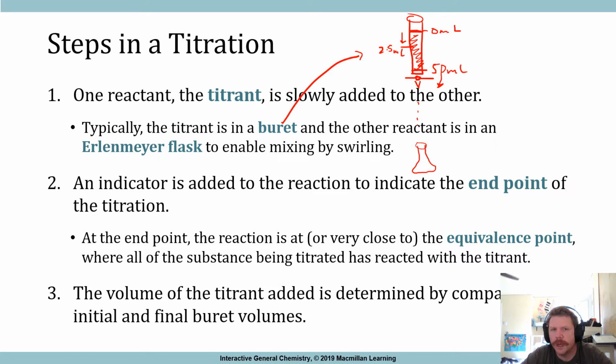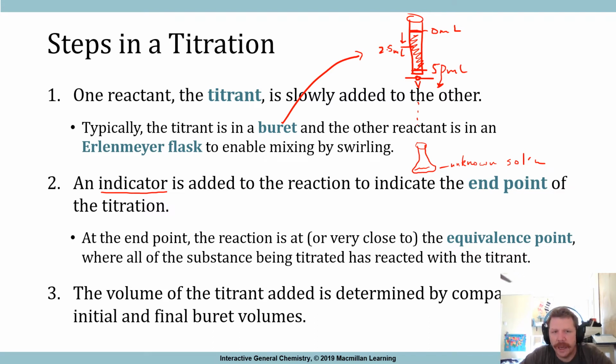Okay, so below that burette, you're going to have a piece of glassware. Generally, you'll use an Erlenmeyer flask that has your unknown solution. What you would do to this unknown solution is add an indicator solution. An indicator is added to the reaction to indicate the end point of that titration. Generally, we'll use something like phenolphthalein or some pigmented indicator that is sensitive to pH.